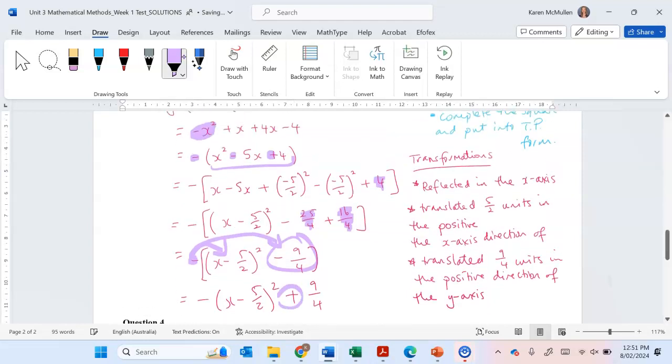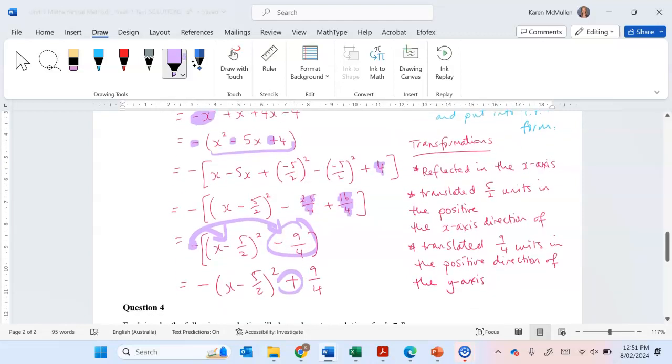When you're reading your transformations, try to do your dilations and reflections first. So I always say DRT. You can do reflections, dilations. If you do translations first, it doesn't mean that it's necessarily wrong, because you can have different ways of getting from one quadratic to another quadratic.